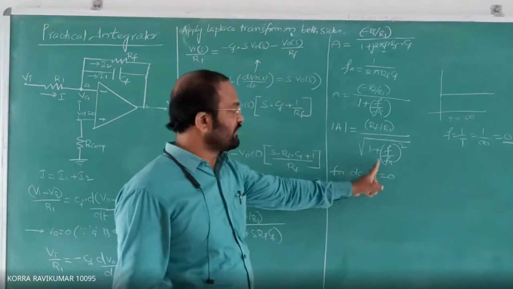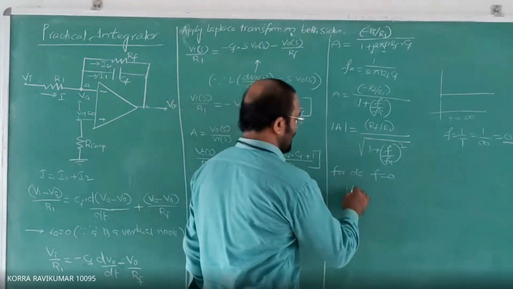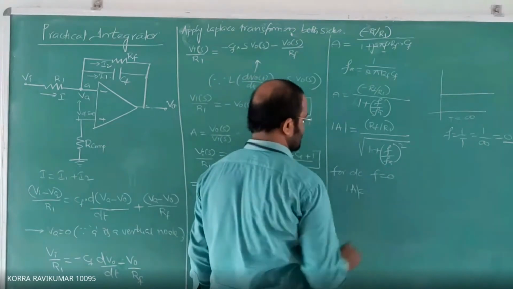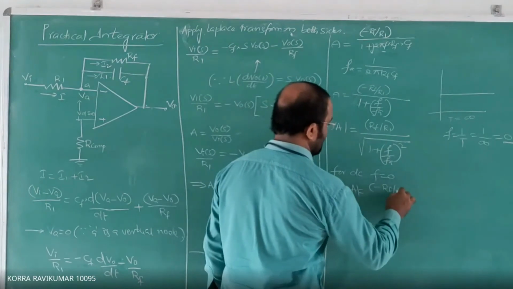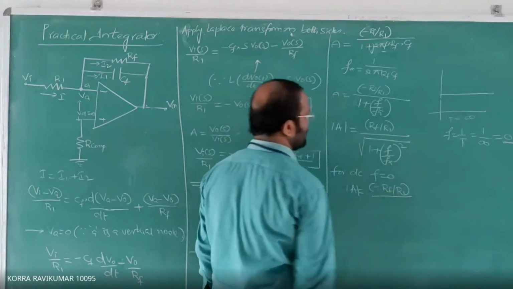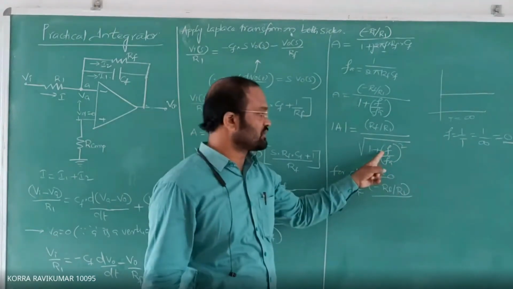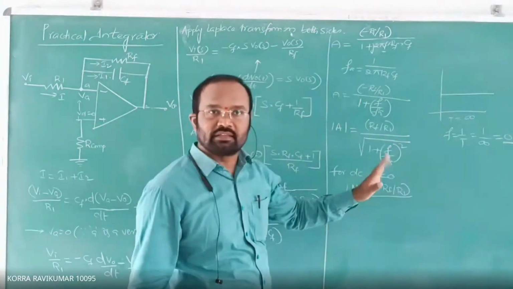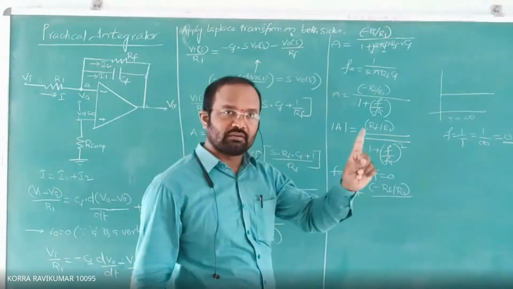If you substitute f equal to 0 in this expression, what happens? See here, my A is equal to minus Rf by R1 divided by, with f equal to 0 substituted, 0 by anything is 0. 0 plus 1 is 1.